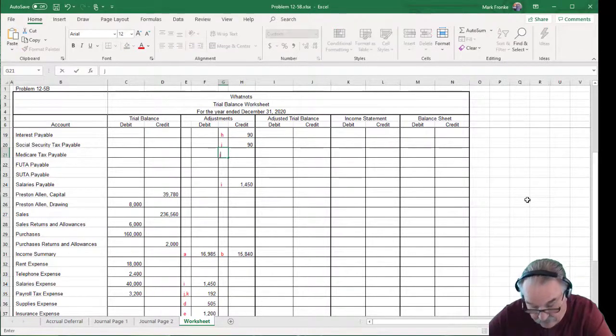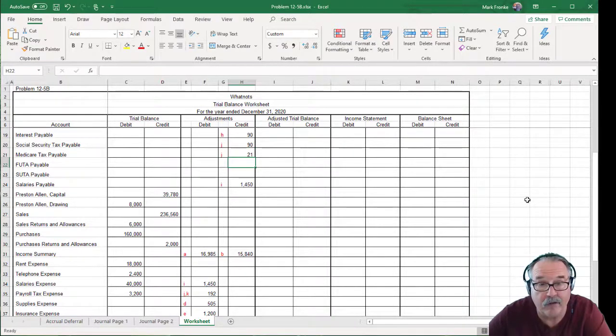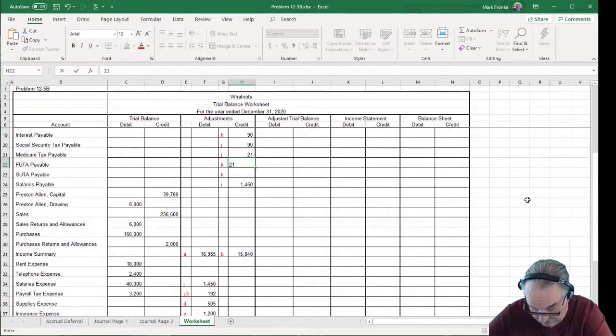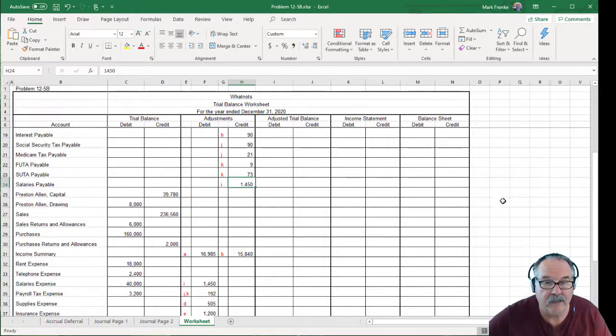We have a credit of $21 to Medicare payable. Those are J, and then this is K for the FUTA payable, which is $21, and the SUTA payable. Oh, wait, sorry, not $21, $9. $9 for FUTA and $73 for SUTA.